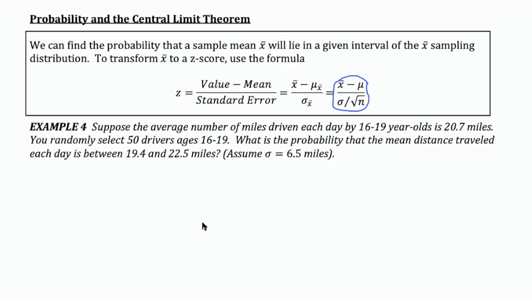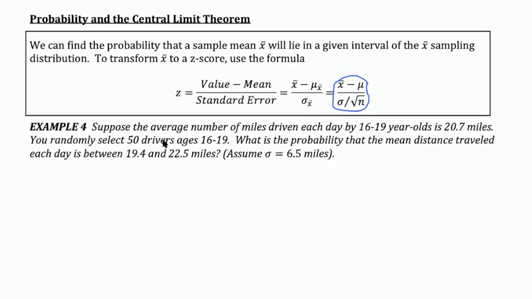Example 4 says, suppose the average number of miles driven each day by 16 to 19-year-olds is 20.7 miles. You randomly select 50 drivers ages 16 to 19. What's the probability that the mean distance traveled each day is going to be between 19.4 and 22.5 miles?